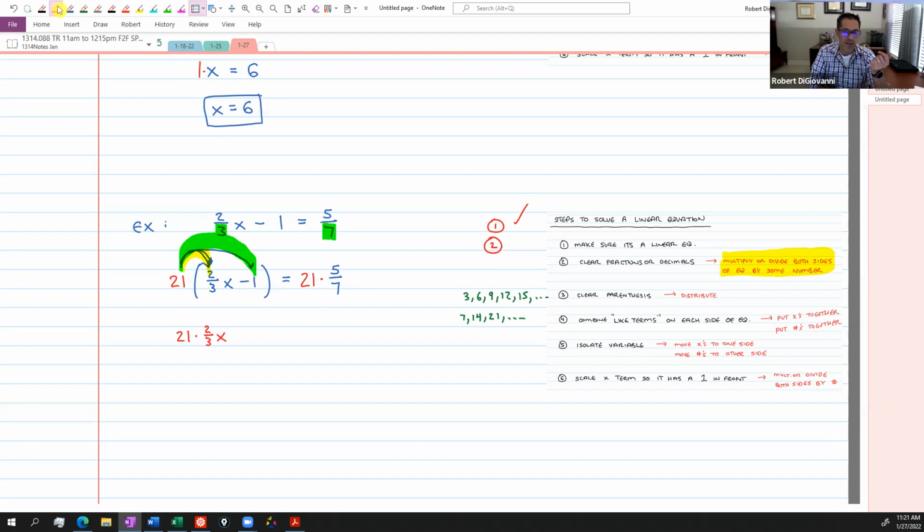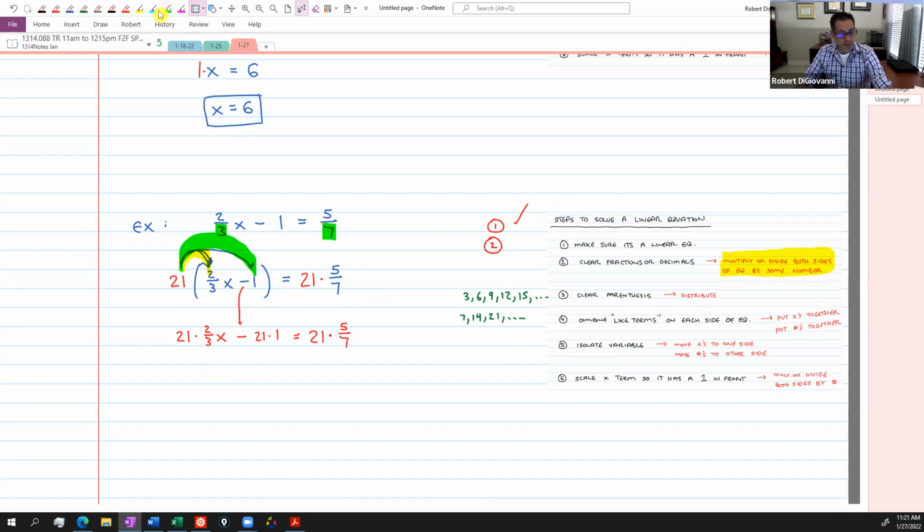That's really what's happening. Or you could write it this way: just bring your minus sign down, and then you're doing 21 times 1. On the right-hand side, we're doing 21 times 5/7. Okay, we good?